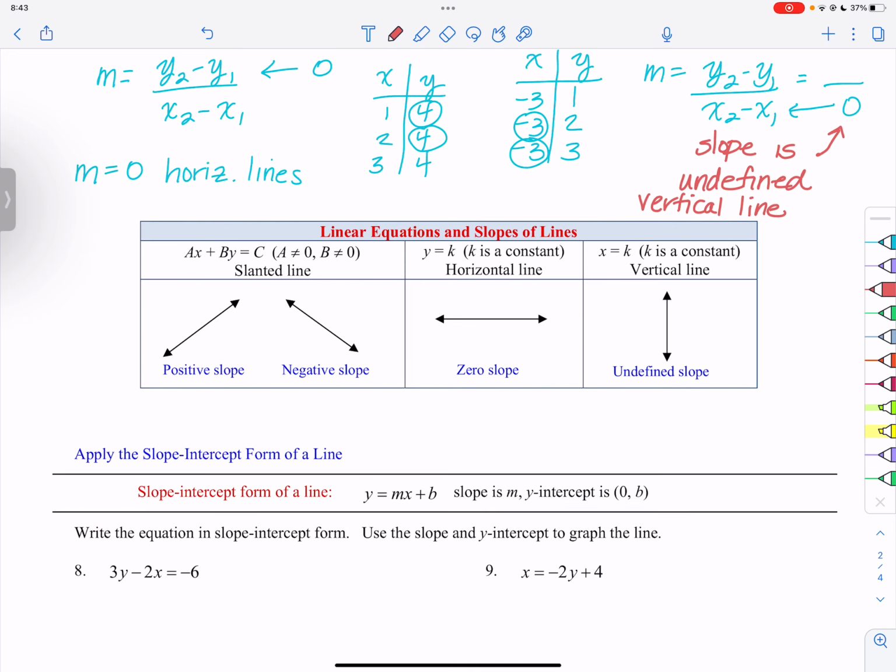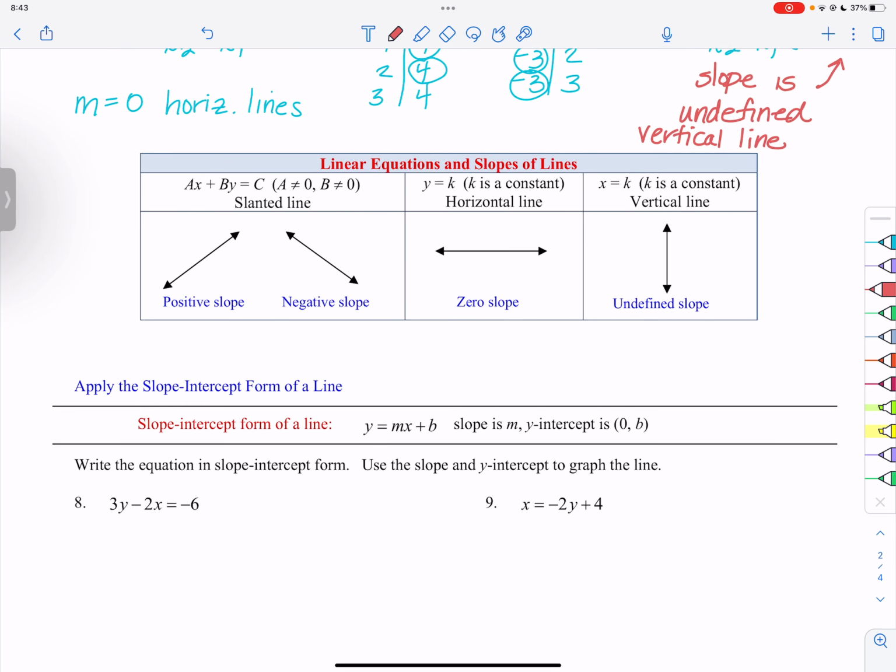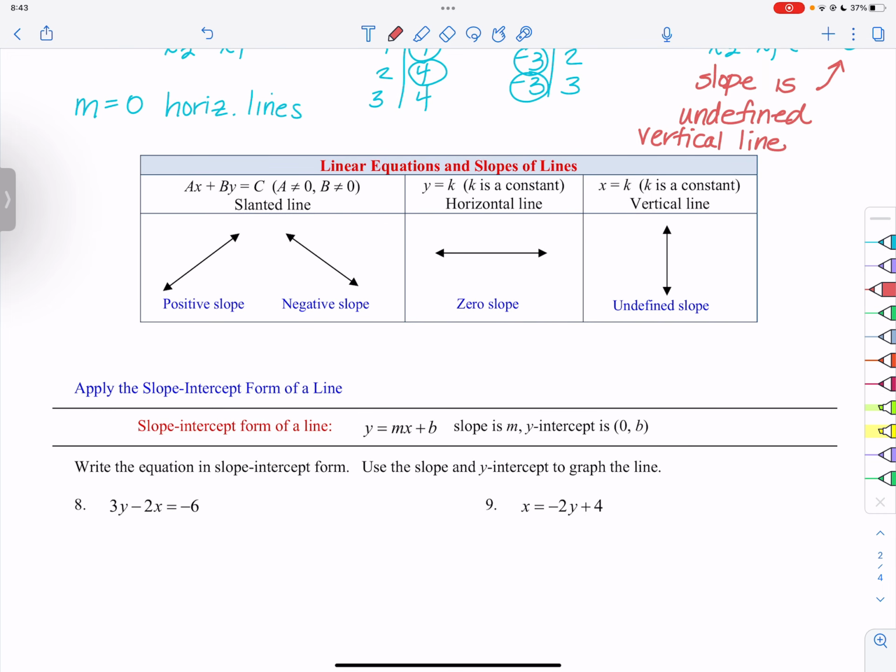And we go over that right here, linear equations and slopes of lines. As you can see, if we slant up, that's a positive slope. If we slant down, we have a negative slope. Here's our 0 slope for a horizontal line. Here's our undefined slope for a vertical line.